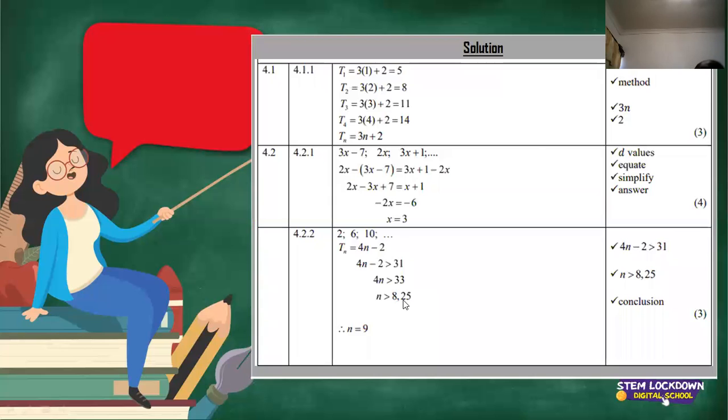So the first term to be greater than 31 will be the ninth term. This is our answer: the ninth term.